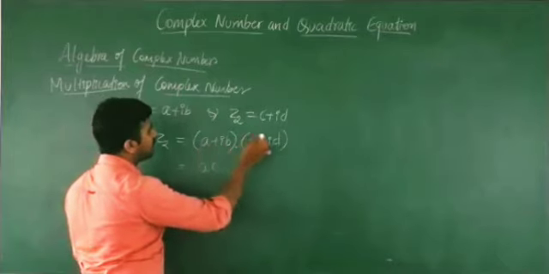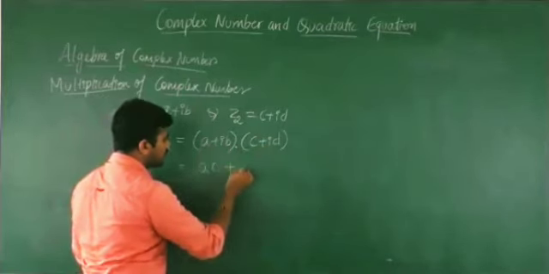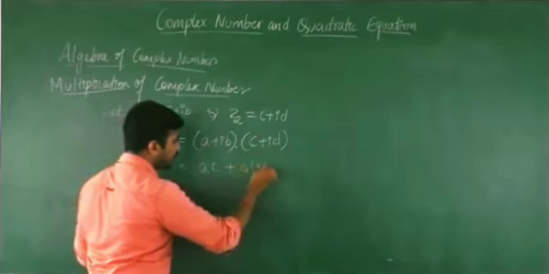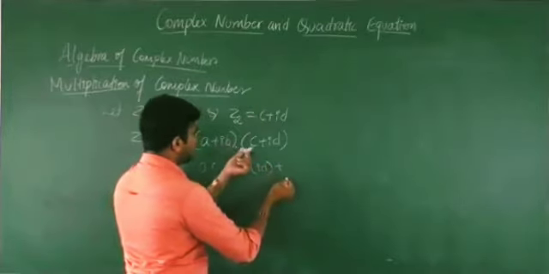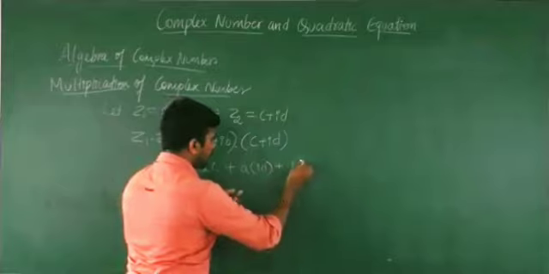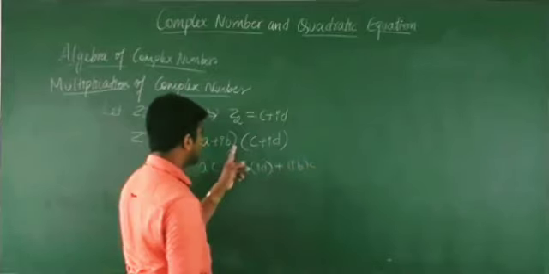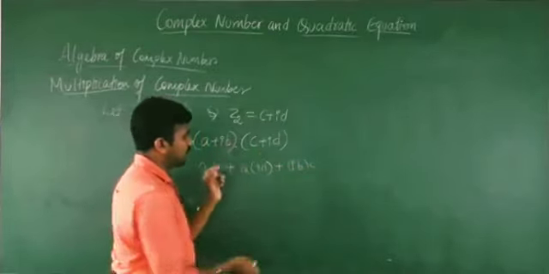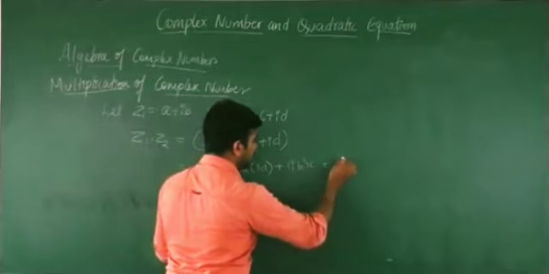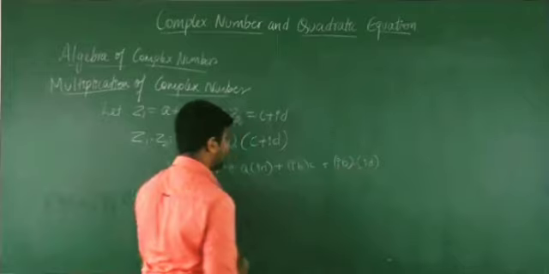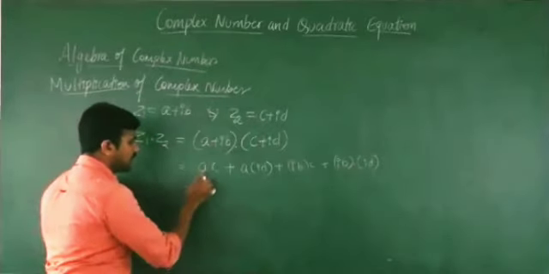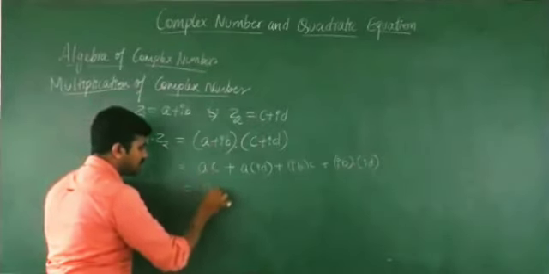Next a multiply with the id, what will get a into i into d. Similarly, ib with the c, i into b into c. ib with the id, okay, ib into id, okay.